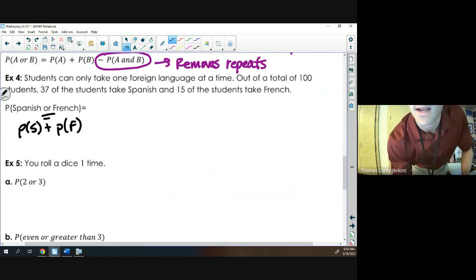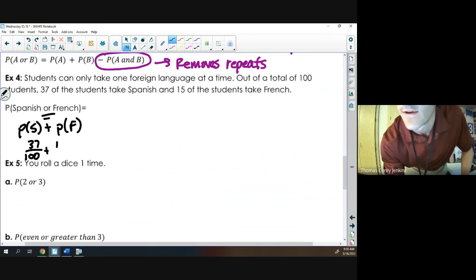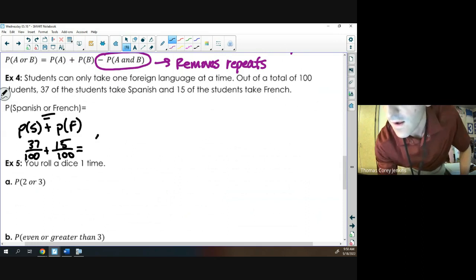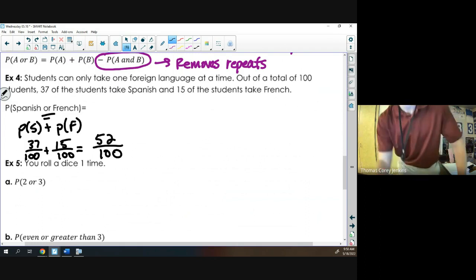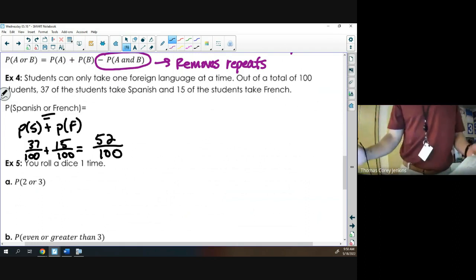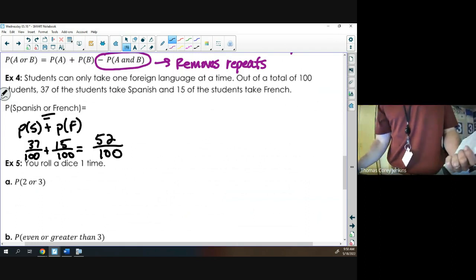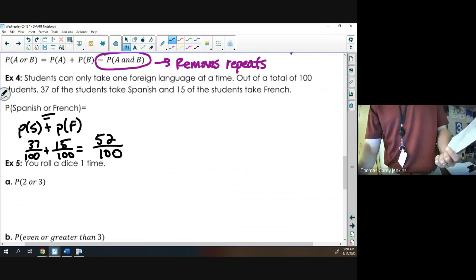So that would just be 37 out of 100 plus 15 out of 100, which is 52 out of 100. And then, of course, we could reduce that if we wanted to 13 out of 25.